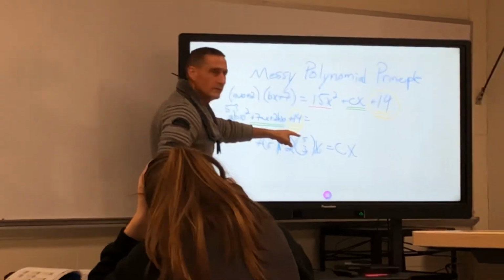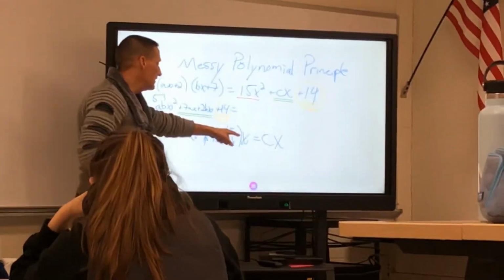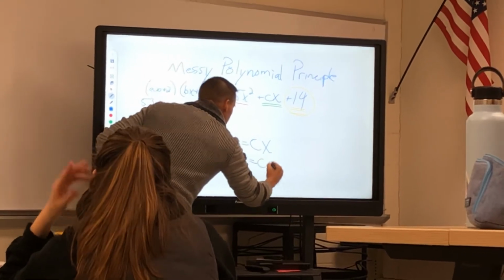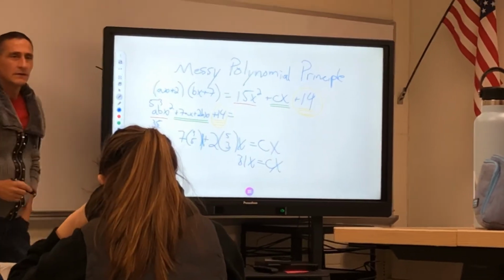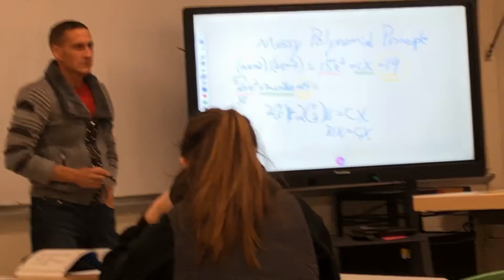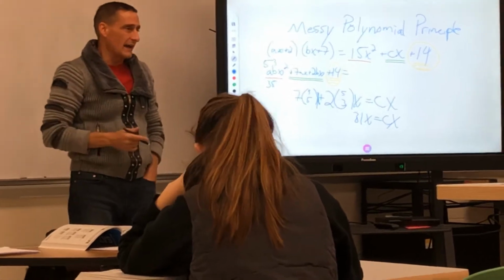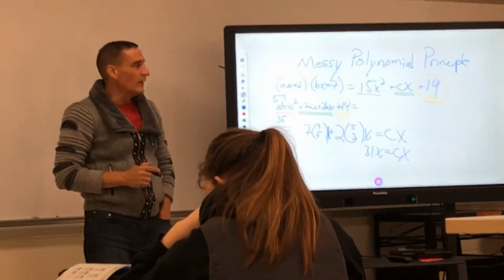Plus 10. 31x equals cx. Therefore, what does c equal? So what could c equal? 31. I would stop my work right now, bubble in D and move on, because that's the only one that has 31 as a value.